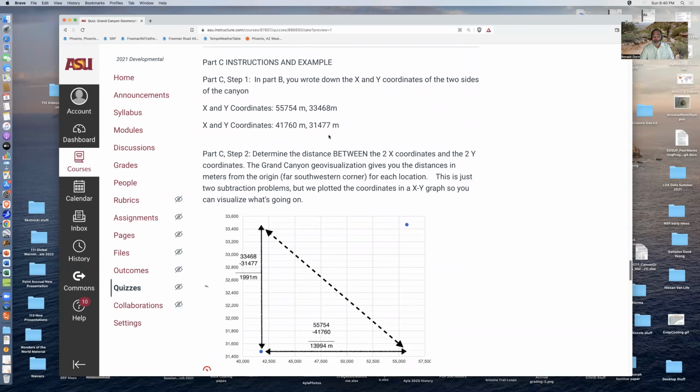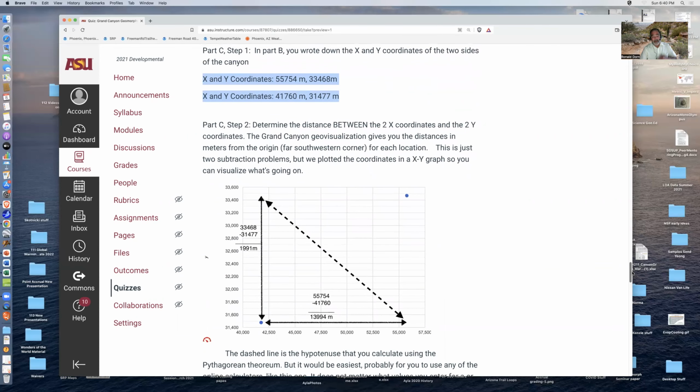And for this, you need the X and Y coordinates that you've got from the 2 different rims. Just for the sake of making intuitive understanding, I've gone ahead and plotted the X and Y coordinates as these blue dots. One XY coordinate, the other XY coordinate.